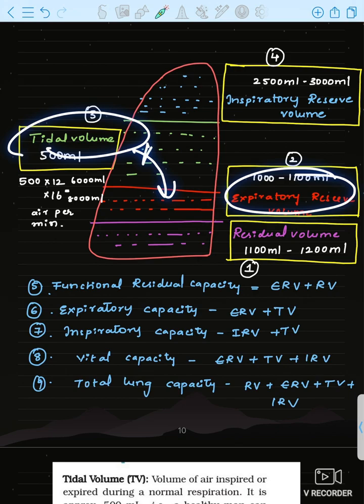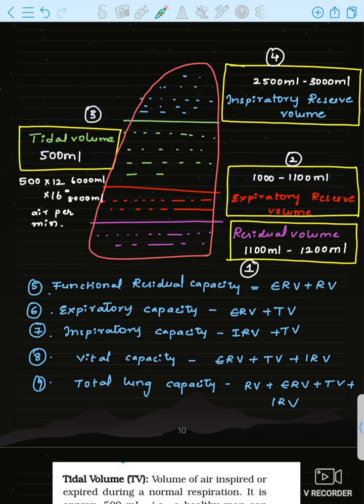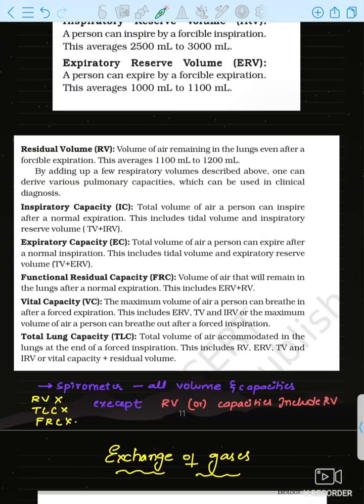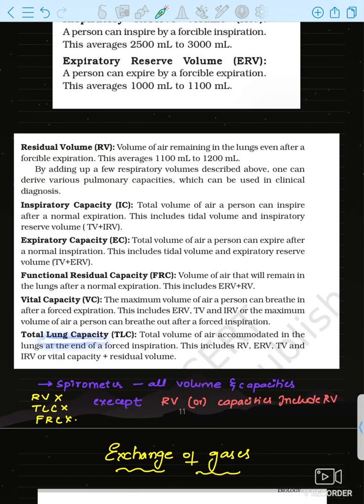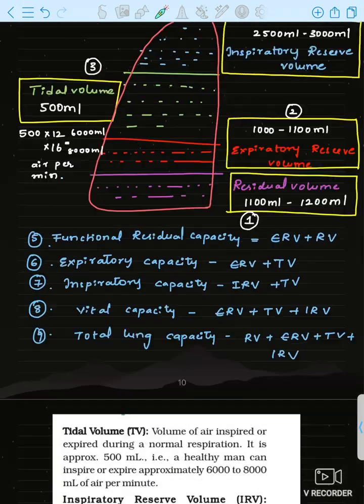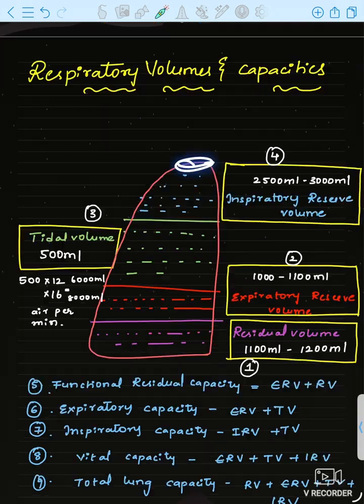It is expiratory capacity. They can give RV plus expiratory capacity plus IRV. Like that they can ask, but just remember this overview. Total lung capacity is total volume of air accommodated in the lung at the end of forced inspiration.